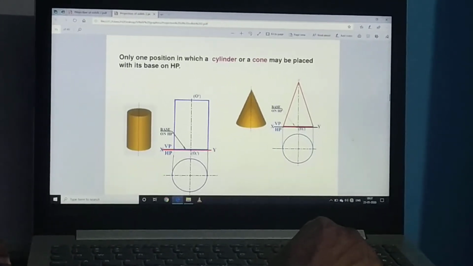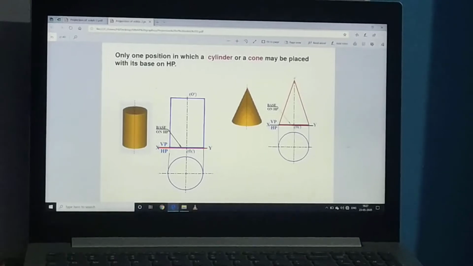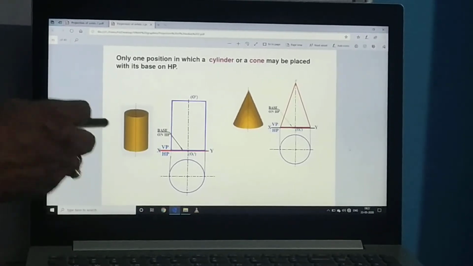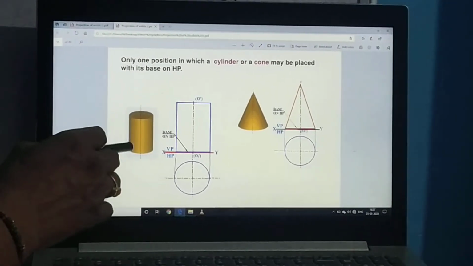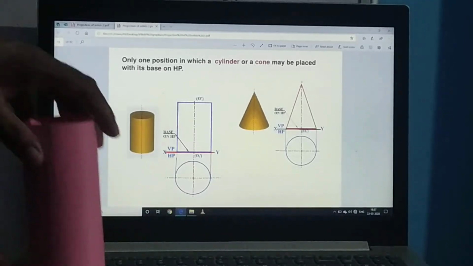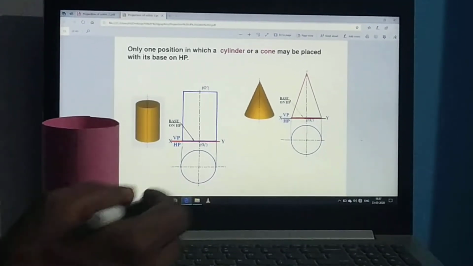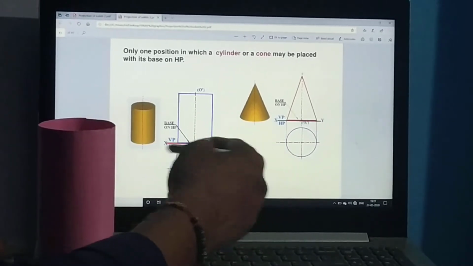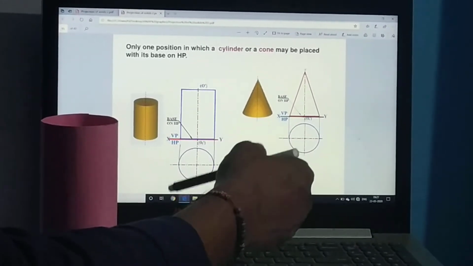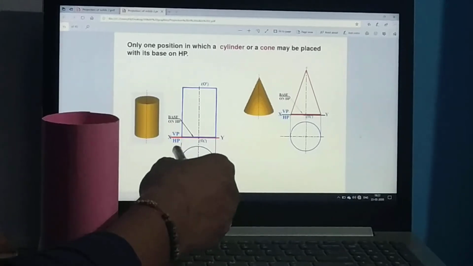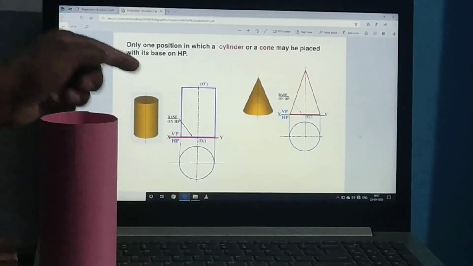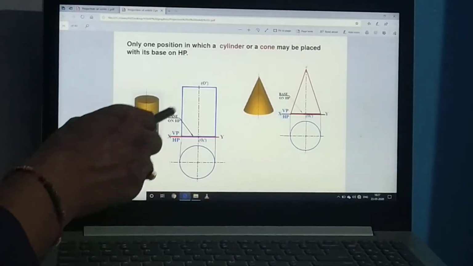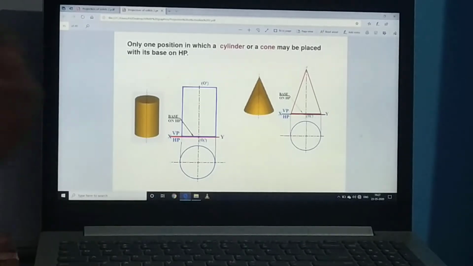Now we can see there is a solid. This is our solid cylinder, and it is placed in this way. Here is the XY line, that is the reference line. Below the reference line we have the HP plane, and above it we have the VP plane.